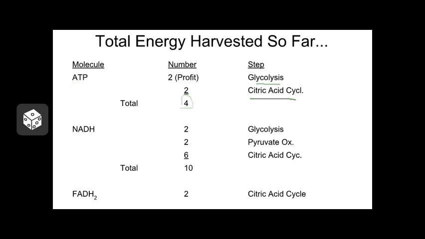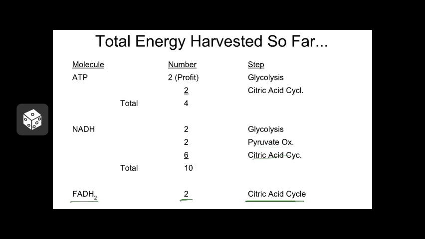So what else do we have to work with? Well, let's look at our energy carriers. NADH, we managed to make 10 of those guys. We made 2 in glycolysis, 2 more in pyruvate oxidation, and 6 more in the citric acid cycle, so 10 total. We also managed to make a little FADH2. We only made 2 of them from the citric acid cycle, but they're going to be handy too.